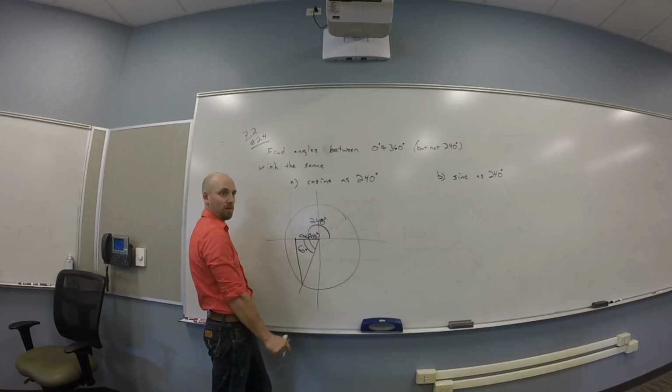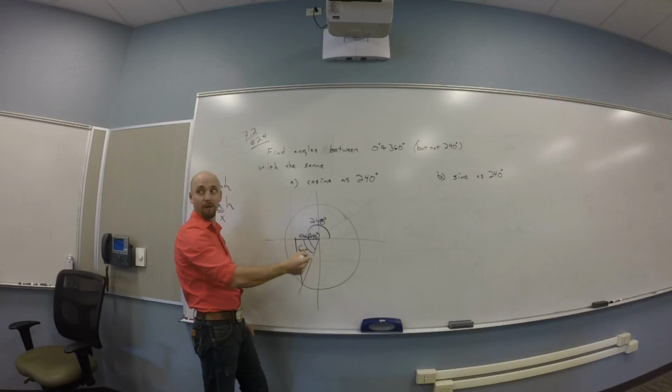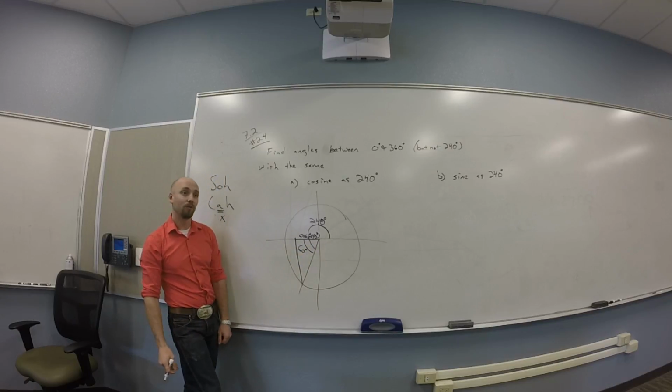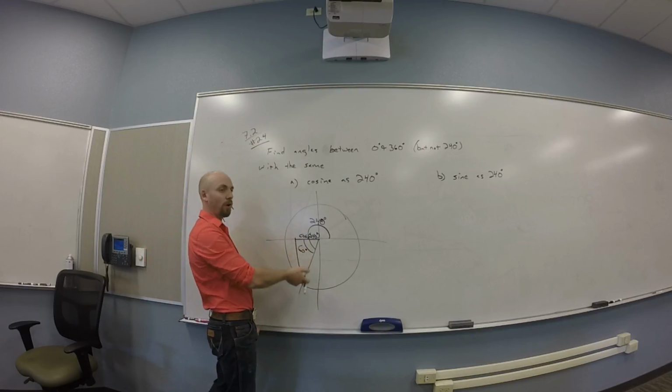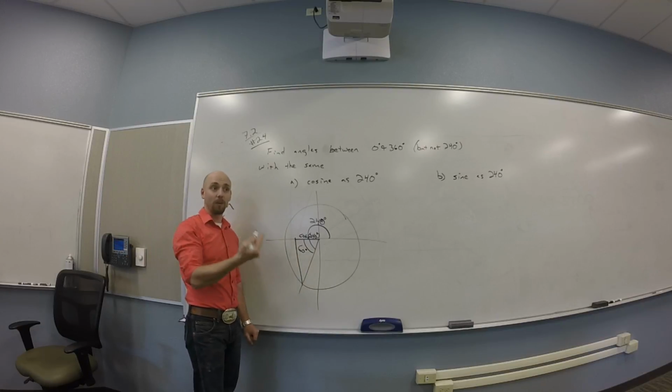You have 60 degrees up in the first quadrant, but there's only one other one. 240 has a negative cosine, so it has to be negative still, so you have to be in the second quadrant. It's still got to point backwards.